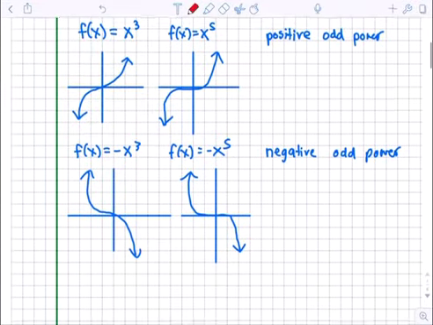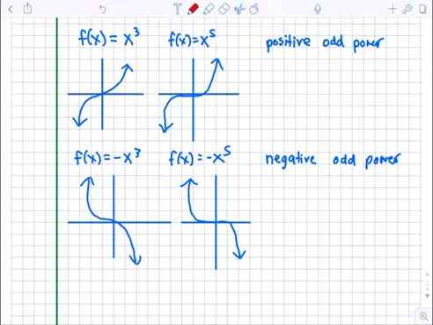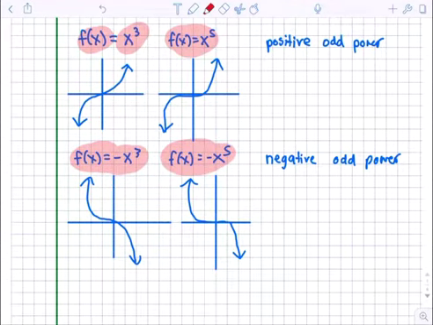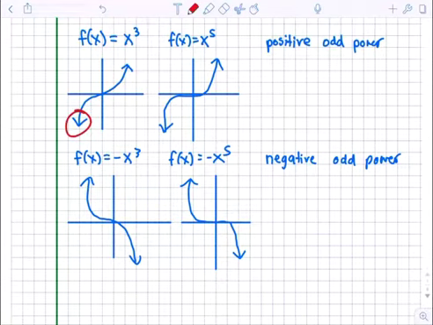Now if you take a look here, we have odd powers, and we're going to be looking at positive odd powers and negative odd powers of functions. For all positive odd powers, this is what their end behaviors look like.